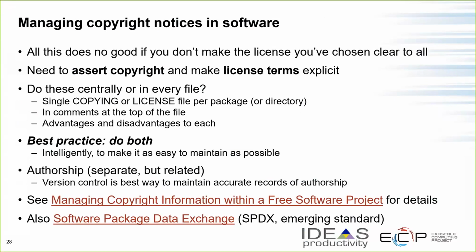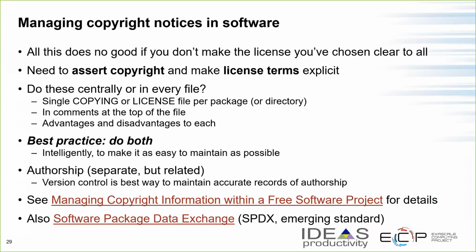So now you've decided to license your software. Now you need to make that explicit. So you need to put notice of your copyright. You need to assert your copyright, and you need to make clear what license you're using and the terms of that license in your code. You do this at the top of every piece of source code. Do you have one central file in your whole repository that says license? How do you do that?